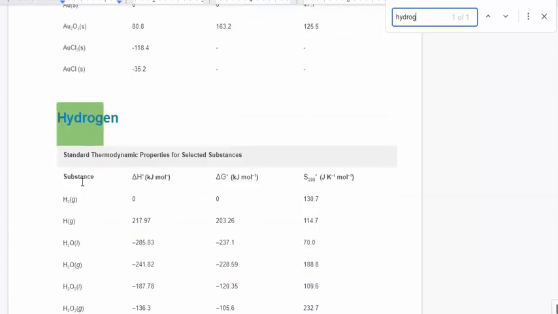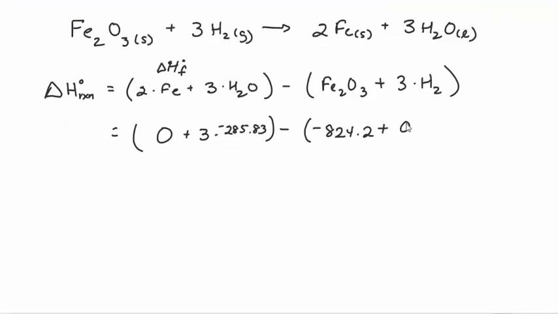You may have to simply know that. It's possible that the elemental state's delta H will not be given to you on a quiz, in which case you're expected to know that not only is that the elemental state of the element, but that its delta H is 0. The heat of formation is 0.